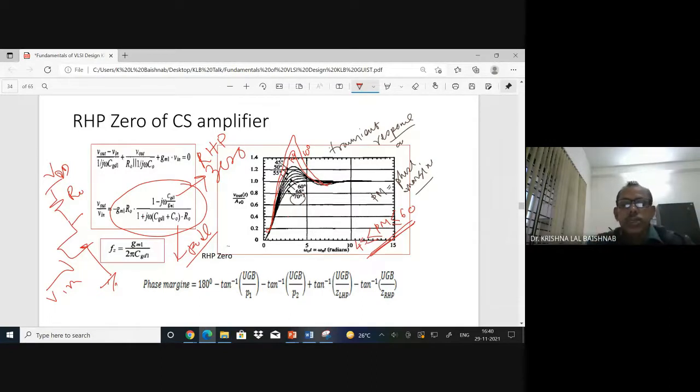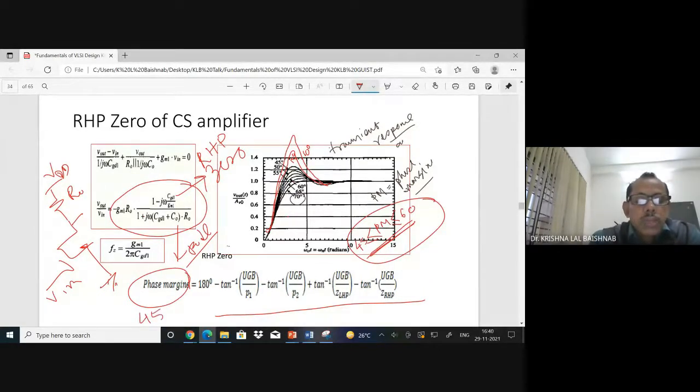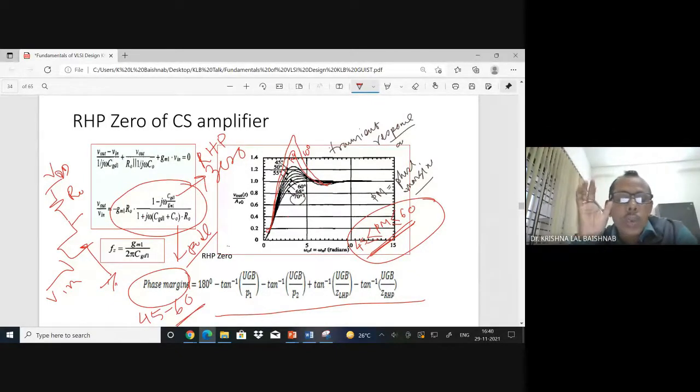Okay, you see this expression now. Phase margin, as I said, in total we want this much, 45 to 60. My total must be in the 45 to 60 range. How can I achieve this 45 to 60? See, I have so many minuses there, but there is an LHP zero, plus.